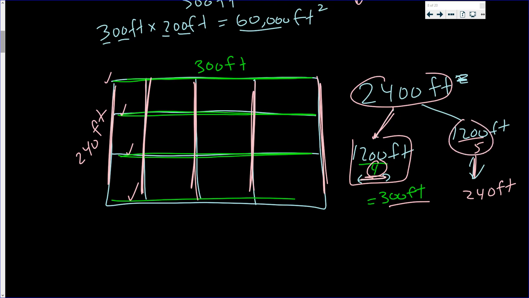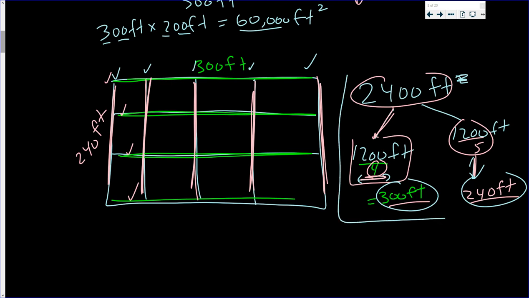Divided by 5, because we have 1, 2, 3, 4, 5 going vertically, 240 feet. Now do the calculus and you'll get the same answer. Okay, and if you didn't, and you made a mistake here, go back and find your error. Okay, so that's pretty neat. Now, let's do a few more problems.